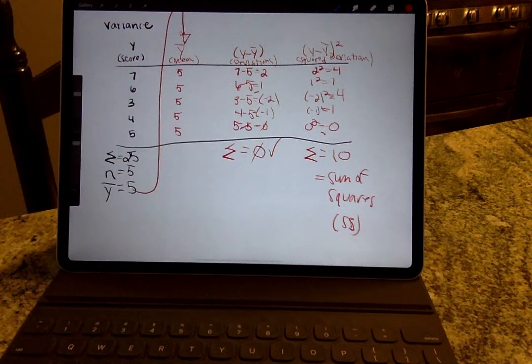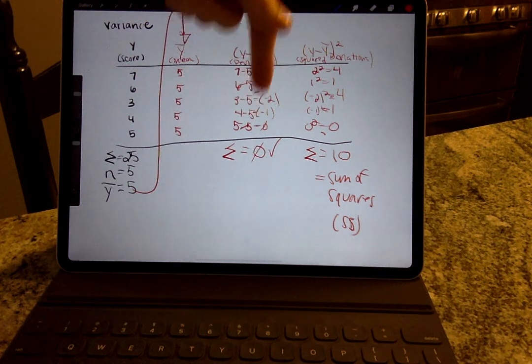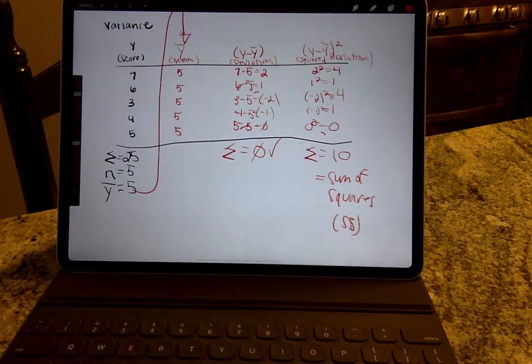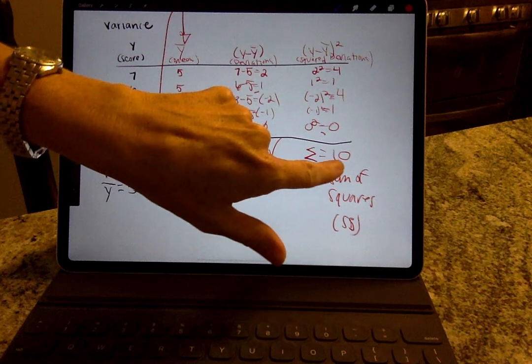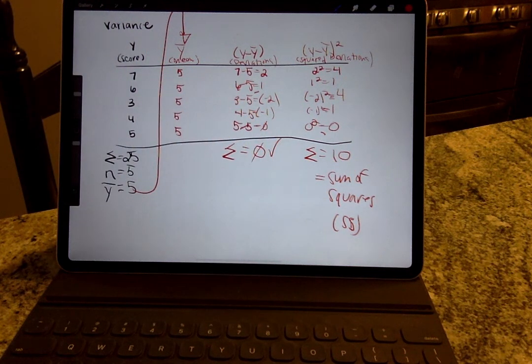Add those up. It should add to 0. In the last column, you square the deviations. Remember, they should all be positive. You add them up, and this sum has a special name. It's called the sum of squares.